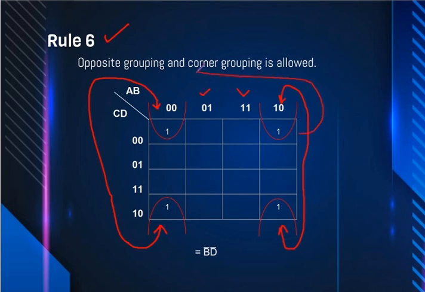This is mutually or virtually connected with this one, and we apply the same on this. So all these are virtually connected with each other in opposite grouping or corner grouping.